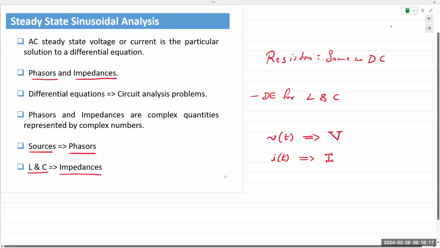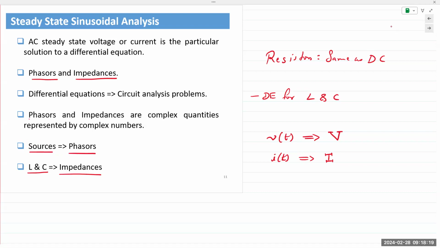Okay, and we'll look at each one of those quantities in the next few slides. So again, the four components that we look at: sources, both voltage and current, and then the resistors, inductors, and capacitors. All four of these components are represented mathematically using complex numbers. Okay, complex number math.